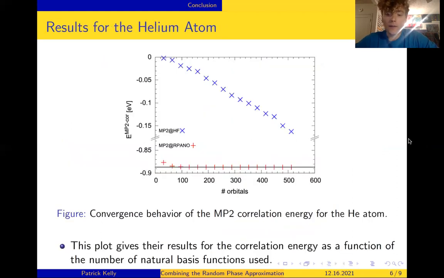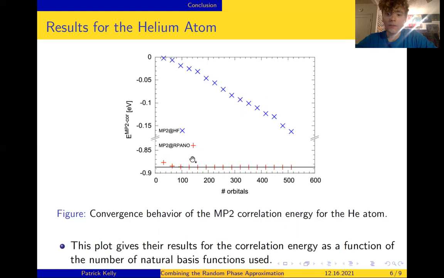So here is probably their most important result, at least for the helium atom. They're demonstrating that their method, or at least using the basis functions they used with MP2, they can get fairly rapid convergence as the number of orbitals they keep adding to the linear combination gets larger and larger.